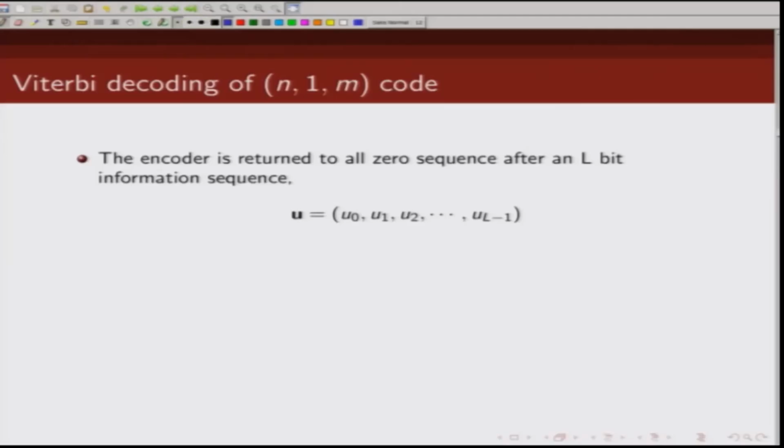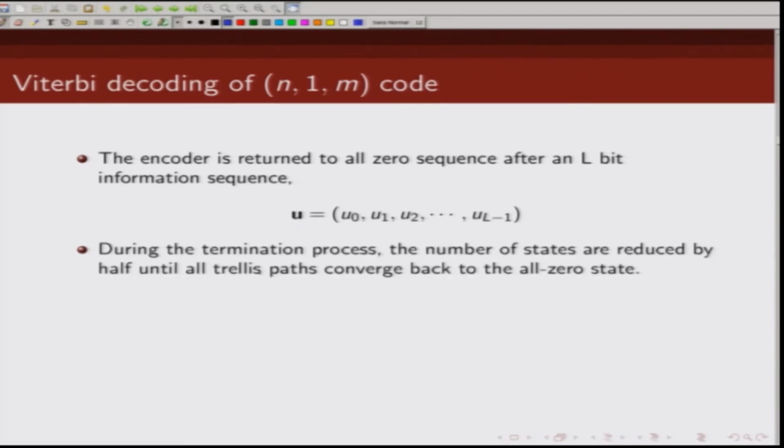We bring it back into the all 0 state. So the encoder is typically returned to the all 0 state after we have encoded our L bit sequence. If you have an information sequence which is L bits, denoted by U, so our information sequence is U0, U1, U2, up to UL minus 1, where these are zeros and ones.